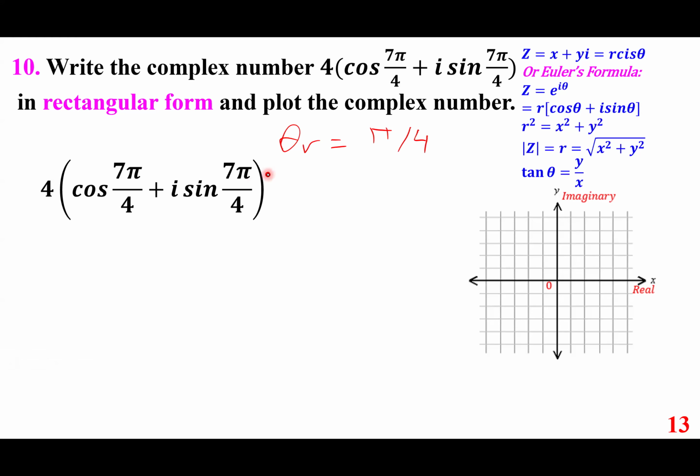So cosine and sine are both square root of 2 over 2, but 7 pi over 4 puts us in the fourth quadrant. Cosine is positive. In the fourth quadrant, sine is negative. So this is square root of 2 over 2. This is minus square root of 2 over 2. So when you multiply by 4, the denominator drops, and we get 2 square root of 2 minus 2 square root of 2 i. This is in rectangular form.